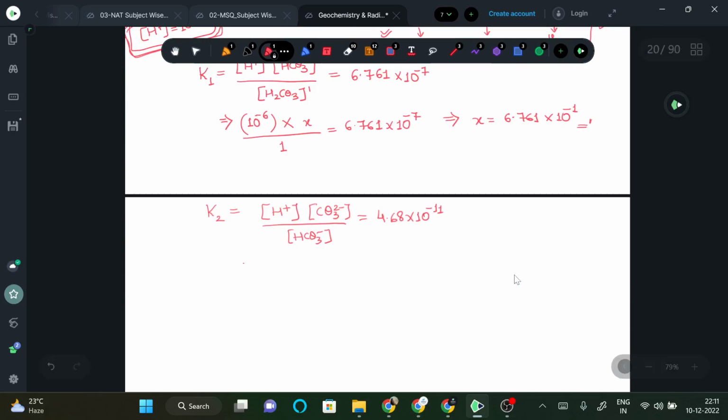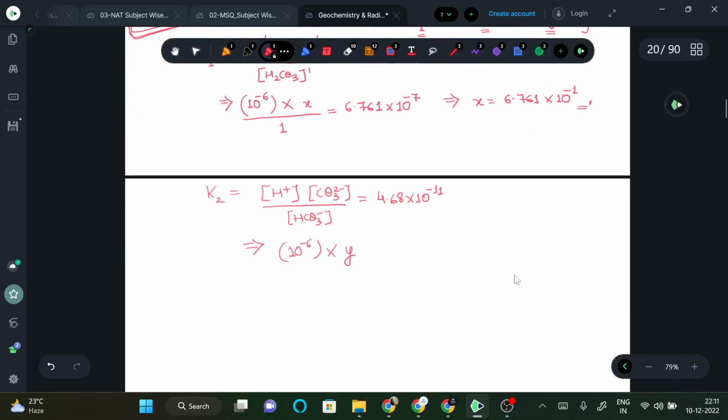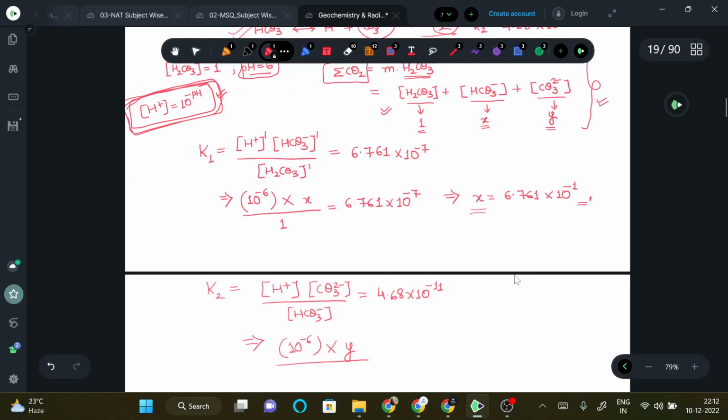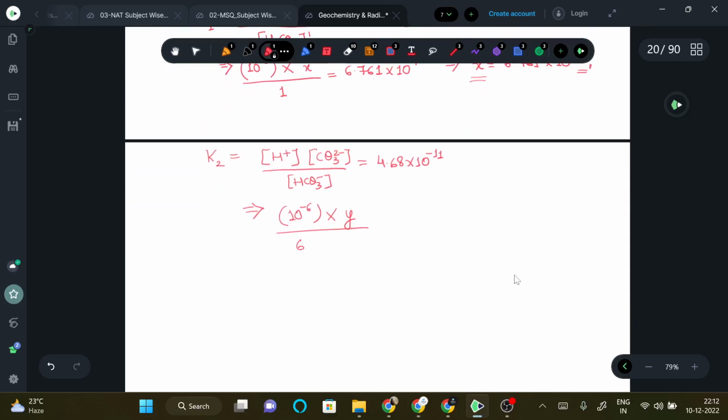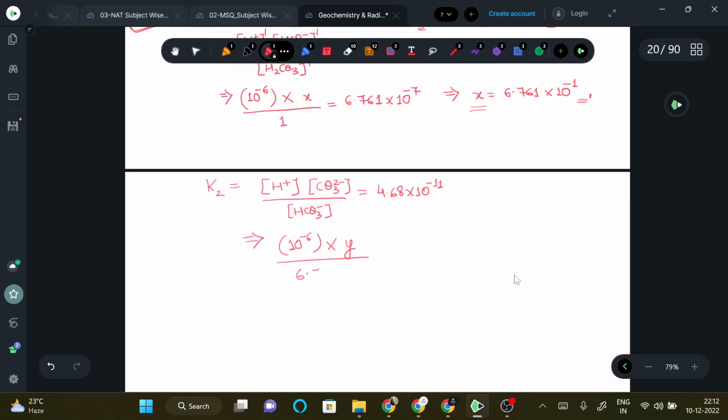So again, H plus is 10 to the power minus 6, into CO3 2 minus, which we took as Y, divided by HCO3 minus. X was HCO3 minus, so we just calculated it and can put it here. What was the value? 6.761 into 10 to the power minus 1, is equal to 4.68 into 10 to the power minus 11.